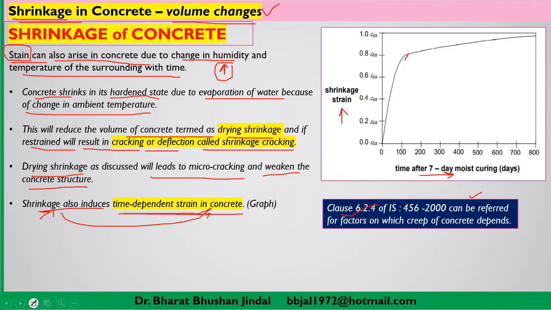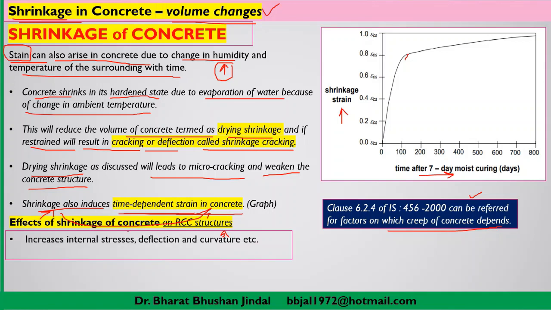So, clause number 6.2.4 of IS 456 can be referred again for the factors on which creep of concrete depends, as we have already discussed. Now, what will be the influence of shrinkage of concrete on our system?